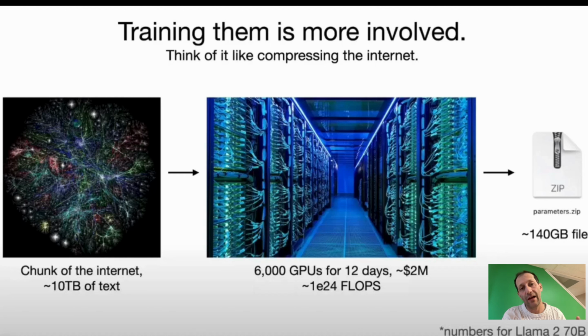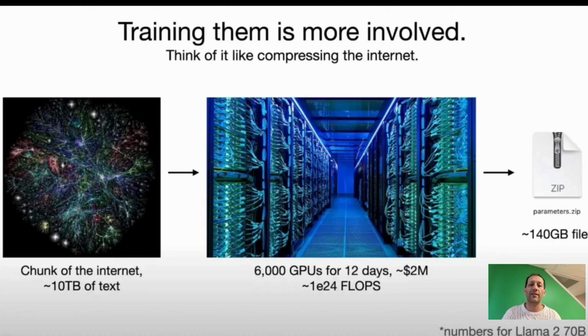Essentially, you need a lot of text to use as training data for these large language models. And for Llama 2 70B, the amount of data that was used off the internet was 10 terabytes of text. They used 6,000 GPUs for 12 days that cost about $2 million to rent and run.